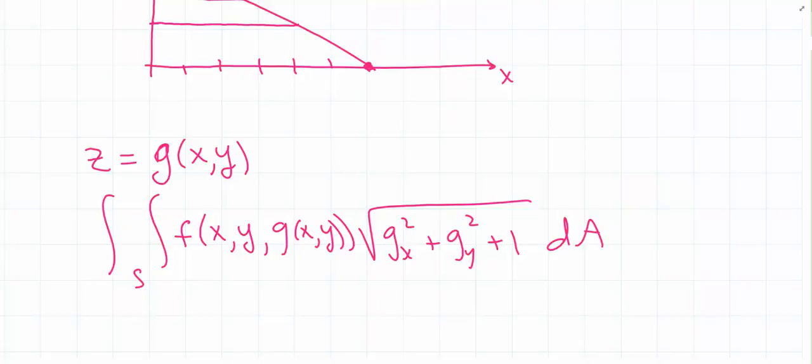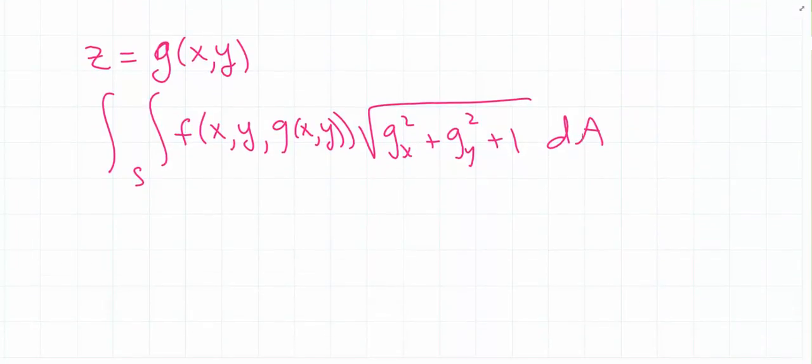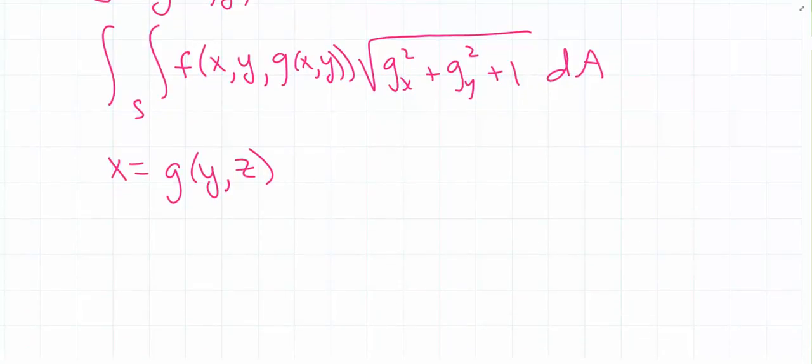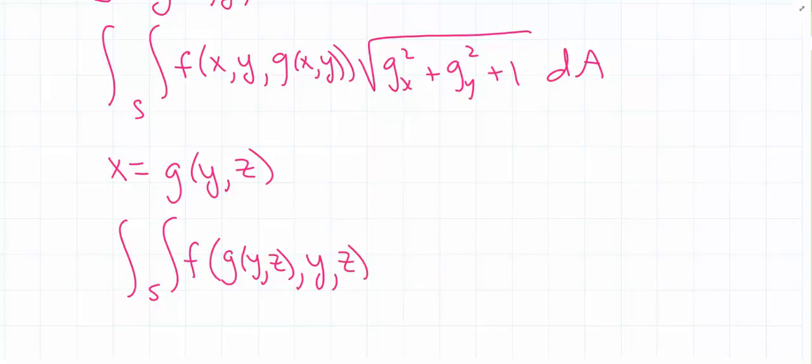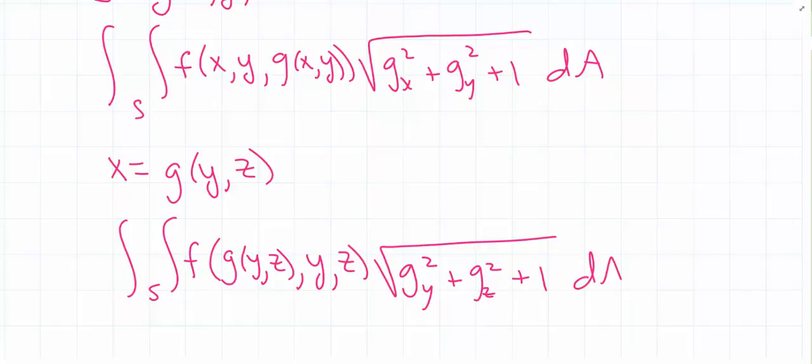Okay, so that's that. Now, let's suppose that our surface is given to us this way. Let's suppose that we have x equals g of yz. Well, then we're going to have a little bit different looking integral. We're going to have f of, in place of x, g of yz, y and z, and then the square root of gy squared plus gz squared plus 1 dA. So there we're projecting it onto the yz plane.